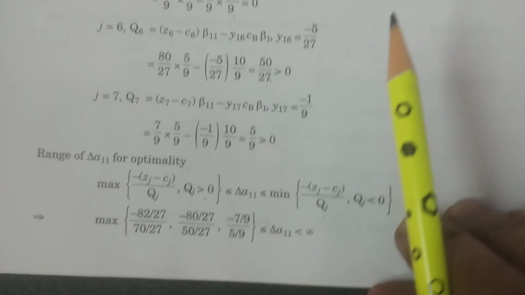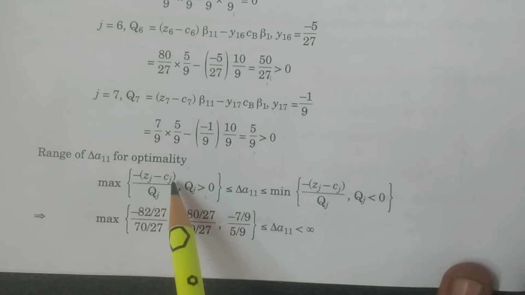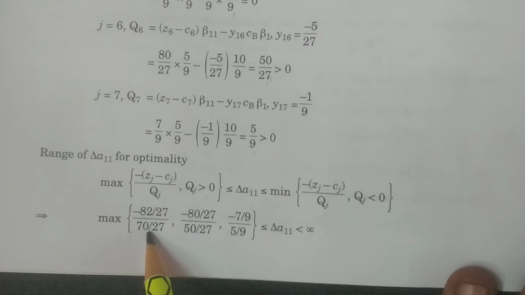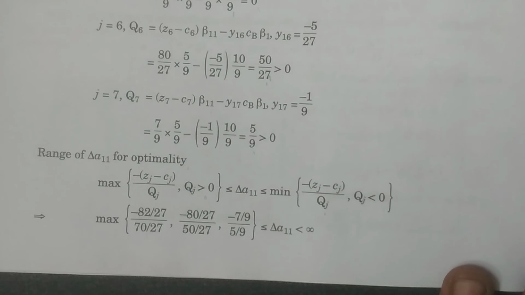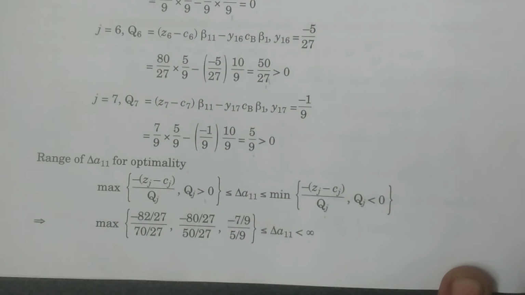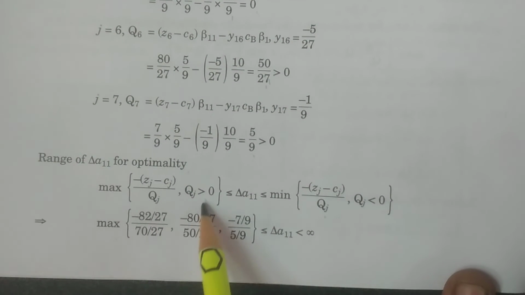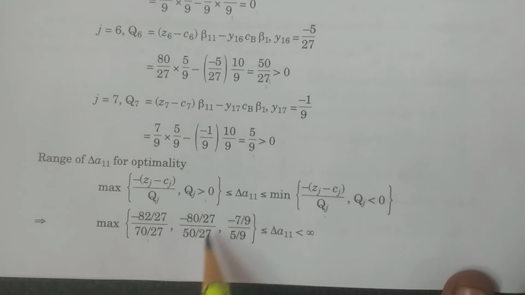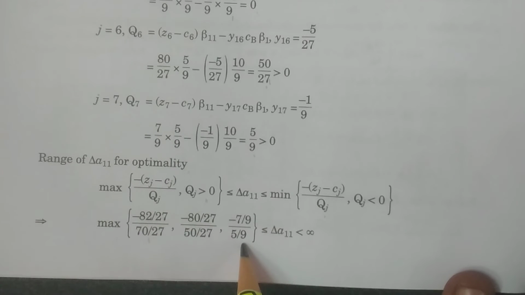For these three values, Zj minus Cj is also required. So for the first value, Z3 minus C3, that is minus 82 by 27 divided by 70 by 27. These are the values of minus of Zj minus Cj by Qj, Qj greater than 0: minus 82 by 27 divided by 70 by 27, comma, minus 80 by 27 divided by 50 by 27, comma, minus 7 by 9 divided by 5 by 9.